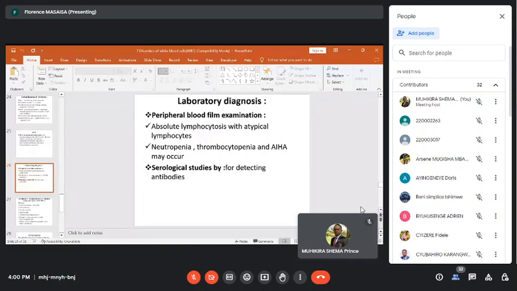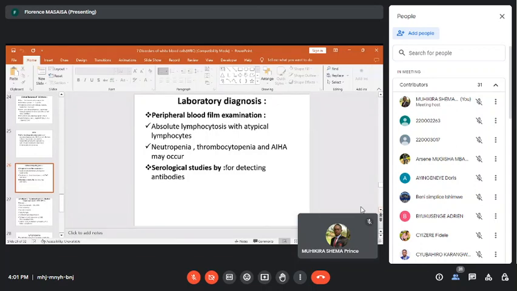How do you make the diagnosis? It's usually by going to the peripheral blood film. You may see an increase in lymphocytes with atypical lymphocytes. Atypical lymphocytes are lymphocytes which have very large cytoplasm, and the cytoplasm is somewhat irregular.